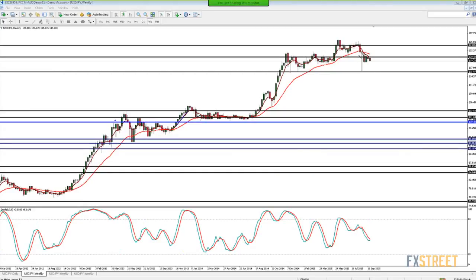Difficult to stay in, not difficult to pick the levels. How about something like this? Just pick up these highs. Pick up those highs with the S&P retesting, say, 1980 or something, 1960. It's a thing of beauty. And then chase that down towards 114.